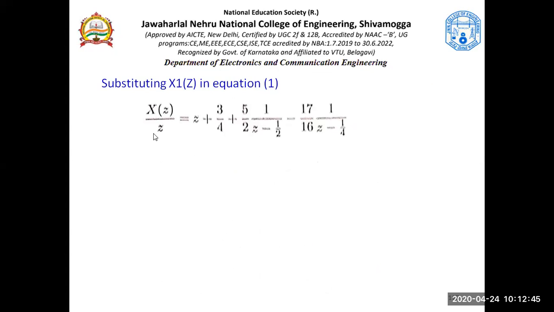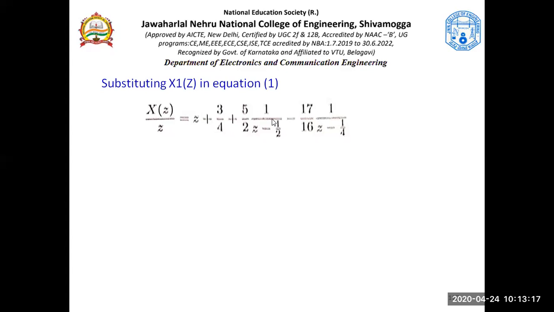After we write X1(z), take this z onto the right side. Why do we have to? You understand the purpose of reserving this z in the left hand side denominator, because this is needed on the right hand side numerator when we have to apply inverse z transform. Otherwise, inverse z transform cannot be applied. The first two terms are not a problem, but for this term to be a standard transform, we need a z in the numerator.